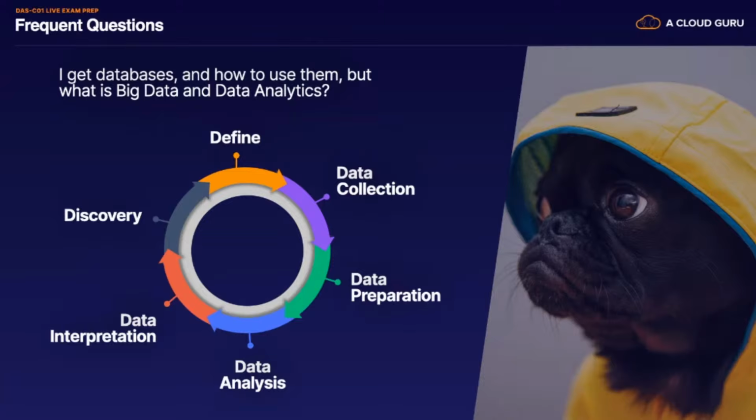We then need to prepare that data. We can do some data analysis then. And then out of that, we will be able to interpret that data, whether that's generating spreadsheets, creating visualizations, or making reports. That's what's in the data interpretation step. And then discovery is going to lead us to a new hypothesis, which will send us back through the cycle again.